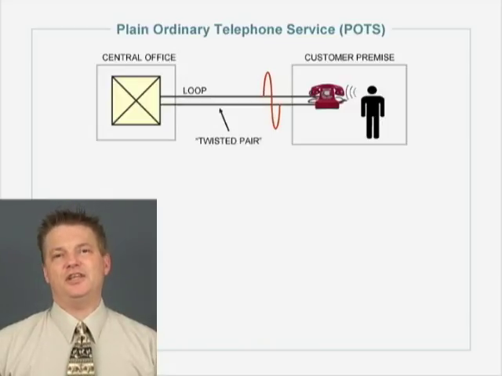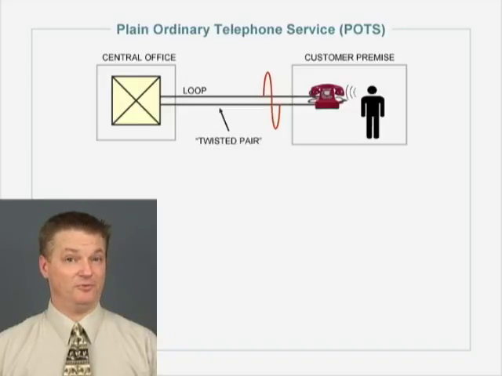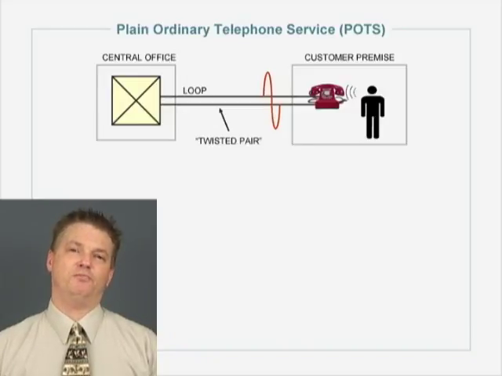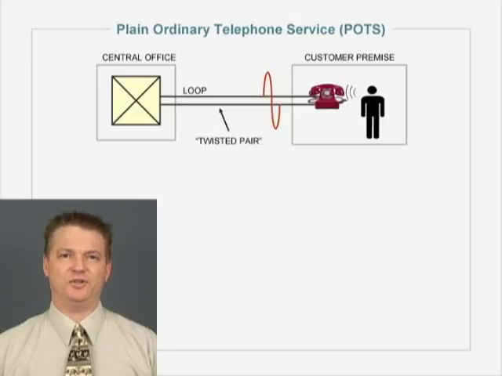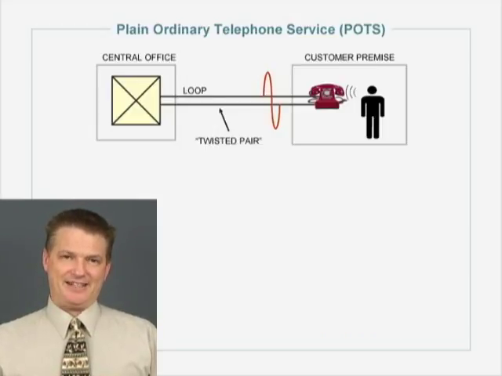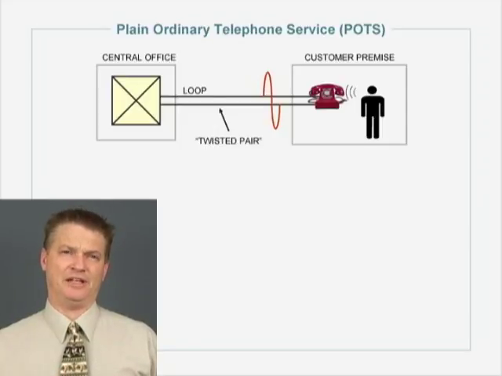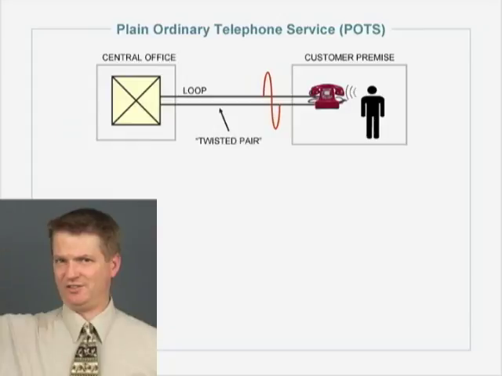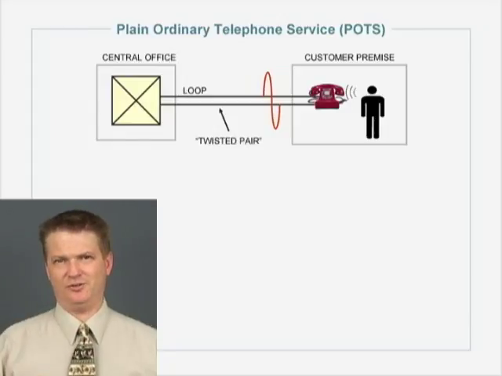To diminish the antenna effect of those two wires that make up the local loop for POTS, we put plastic on them and then twist them together. Now, since there's plastic on the wires, after we twist them together, from an electrical point of view, it still just looks like a big current loop.